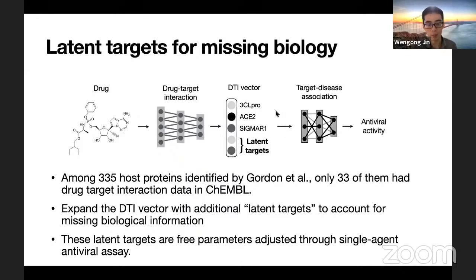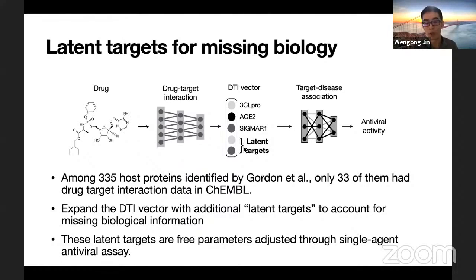So we propose a simple technique by extending this drug target interaction vector with additional latent targets to account for this missing biological information. Basically, these latent targets are free parameters learned by the model that are adjusted through the single agent antiviral activity data.